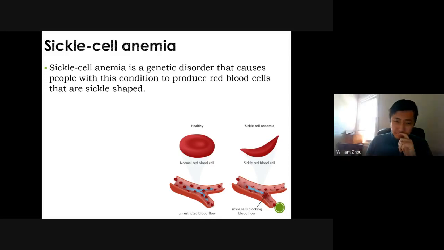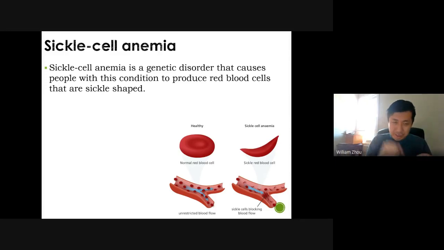Well, it depends. Here is a condition that is caused by mistakes in DNA. This is called sickle cell anemia. A sickle is kind of like a curved knife, like the communist symbol is a hammer and a sickle.